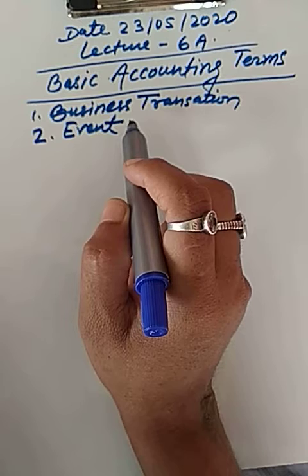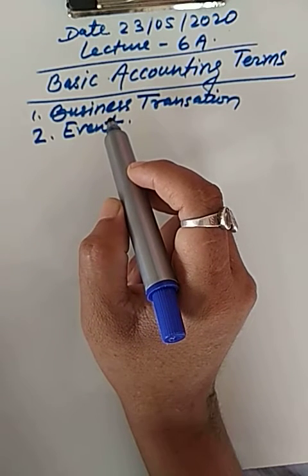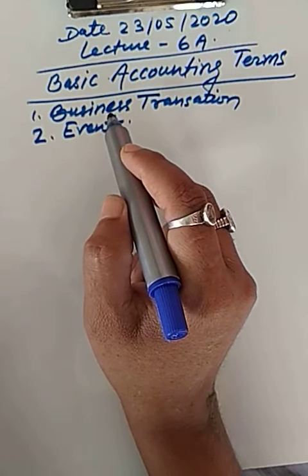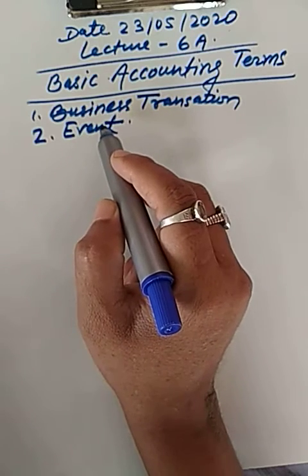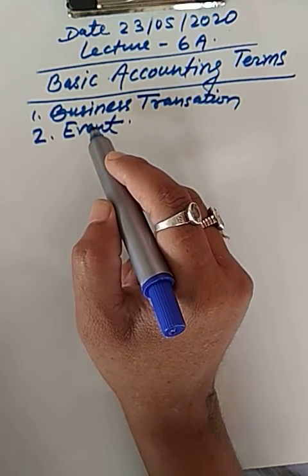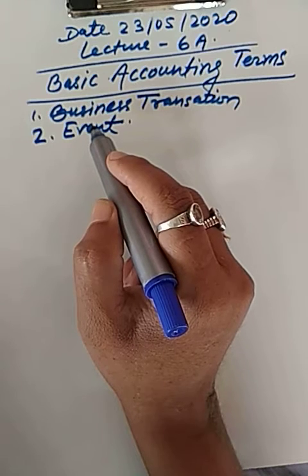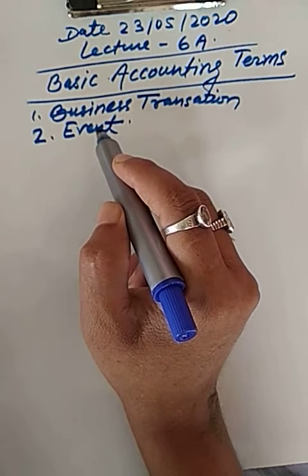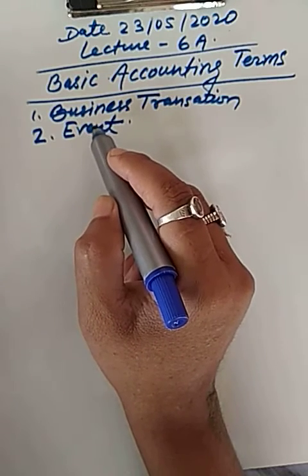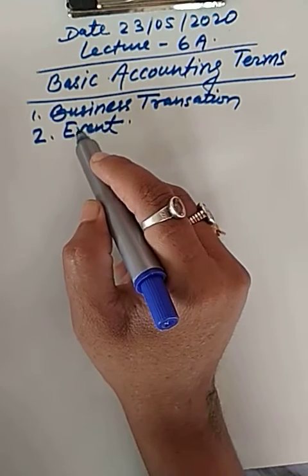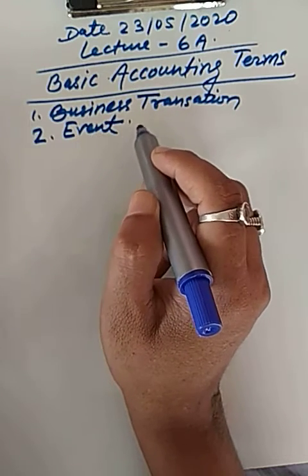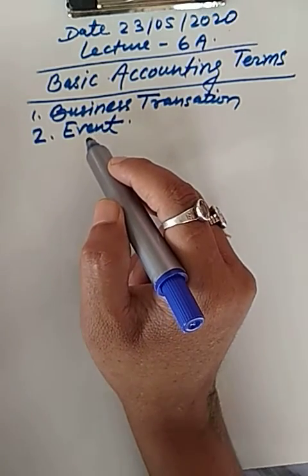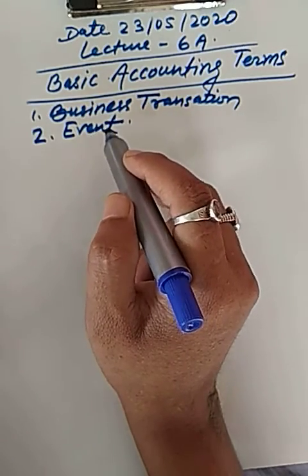He also paid 20,000 as rent of godown. So, on the basis of transactions, the event will be computed in the form of profit. The event will be computed in the form of closing inventory, cash balance and capital, etc.